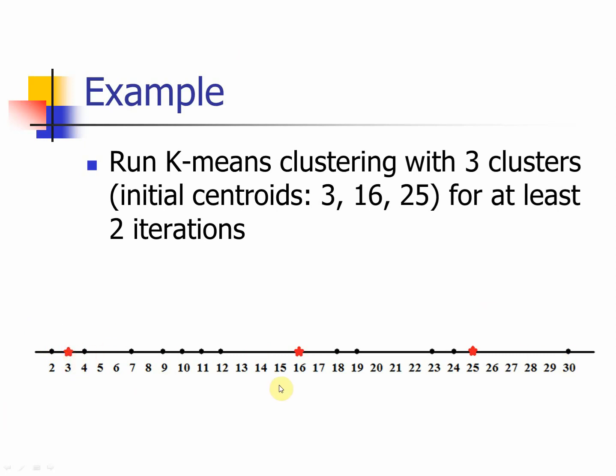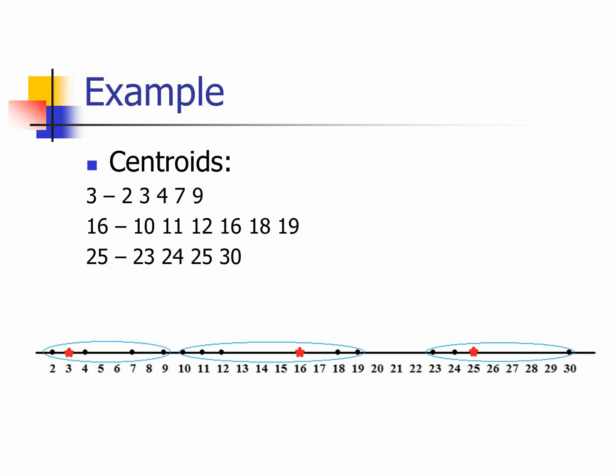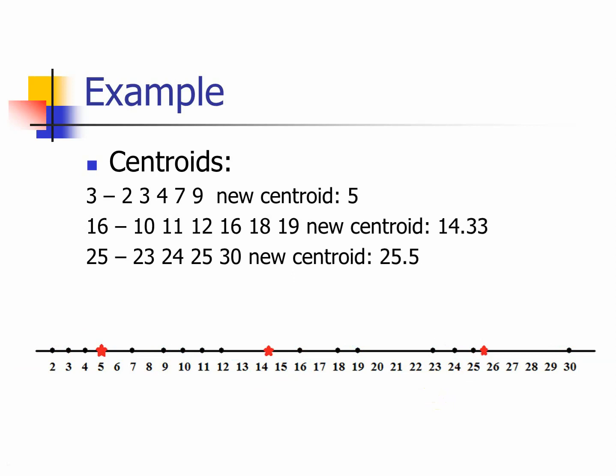When we do that for all the data, you will see node 3 as the centroid will cover these nodes, node 16 will cover these nodes, and node 25 will cover these nodes. Based on that, we can recalculate their centroids, and then we repeat the process.